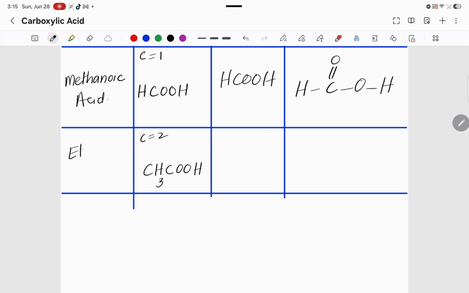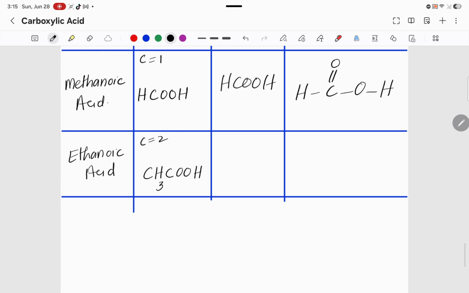The name would be ethane, E will be cut down, and oic acid, right? And the structural formula will remain the same, but for the displayed formula we have to show all the atoms and all the bonds.